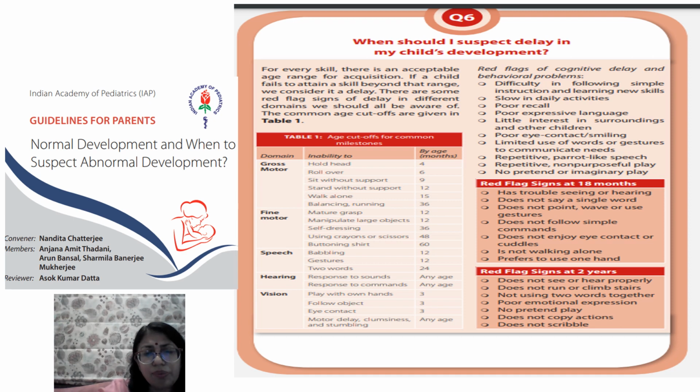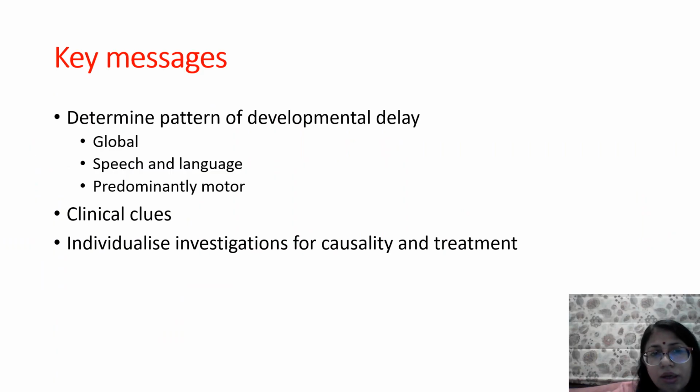So, a very important thing: what are the red flag signs? These come from the IAP guidelines on normal development and when to suspect abnormal development. This is a screenshot from there, and it is a very important screenshot that all of you need to memorize. Key messages include that one should determine the pattern of developmental delay.